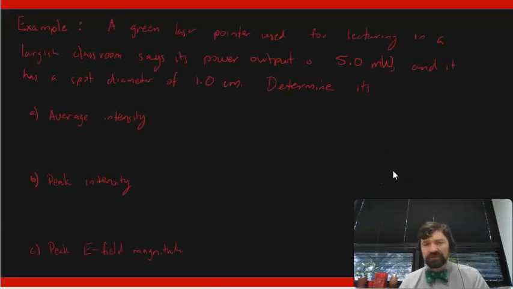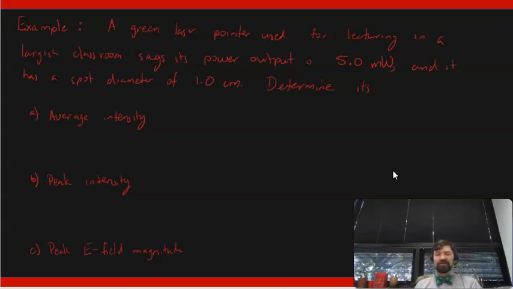Alright, so we've got this green laser pointer, basically one that you might use, or that your teacher or professor may use when lecturing to a largish classroom, like 40, 50 students. If you were to look at the side of that laser pointer, one of the labels says what wavelength and what power output to expect.